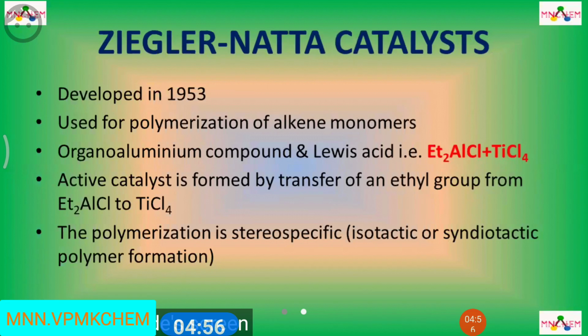If we do the reaction under normal temperature conditions, we get isotactic polymer, and if we lower the temperature, doing the reaction in a controlled manner, we can synthesize syndiotactic polymer. So this is a very important catalyst for the synthesis of stereoregular polymers.